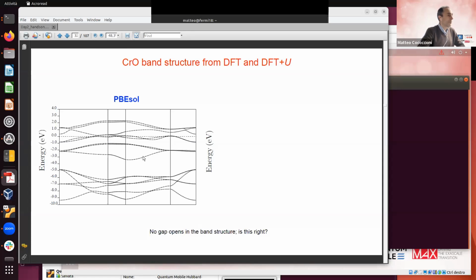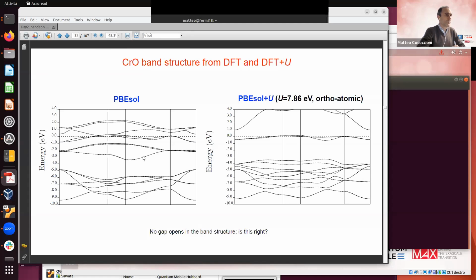If we do a blind DFT plus U calculation on this system, basically just applying a U value to the chromium, which is what we do most typically, we change a lot in this band structure, but basically we don't get a band gap.